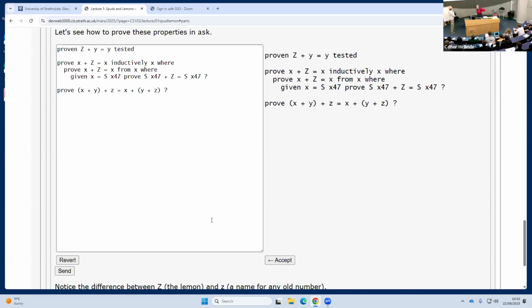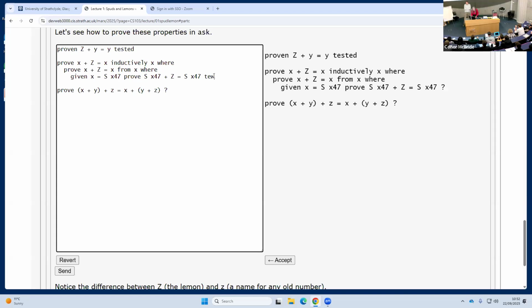On the other hand, in the other case that we do see, we're given that x happens to be successor of something. So when we do from, we get more information. So that's the from strategy. And now there's a definition that helps. The definition of plus will do some work.